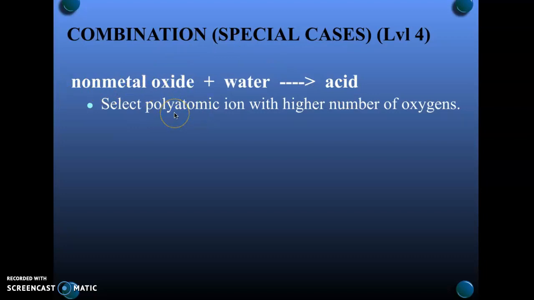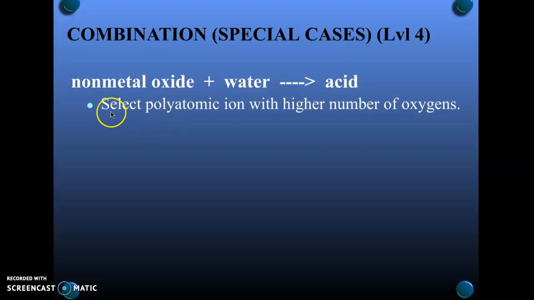When you look at your ion list, you have things like sulfate, sulfite, phosphate, phosphite, those types of polyatomic ions, a non-metal with an oxygen. Then you have to determine what the charge of that polyatomic ion is, and add enough hydrogens to balance out the charge of the acid's formula.